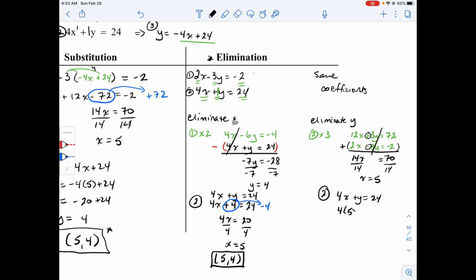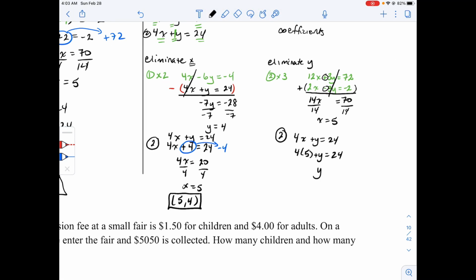And if x is 5, we get y is equal to 24 minus 20, and we move over this 20. And our answer, therefore, is 4.